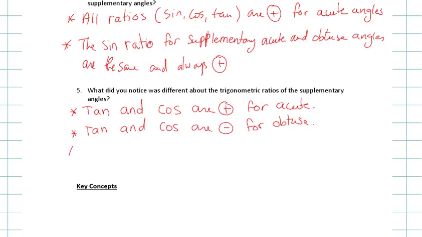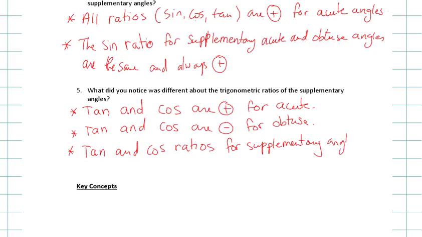And tan and cos ratios for supplementary angles are the same but negative for the obtuse angle.